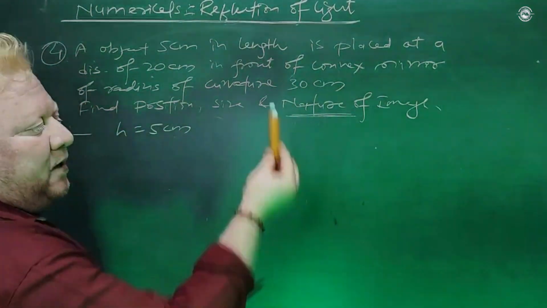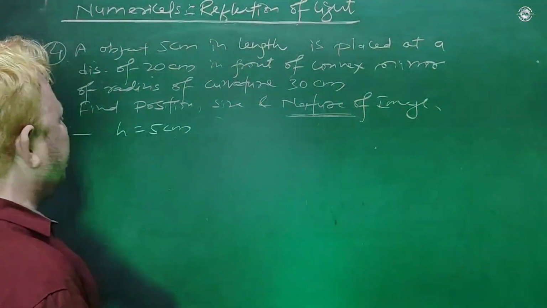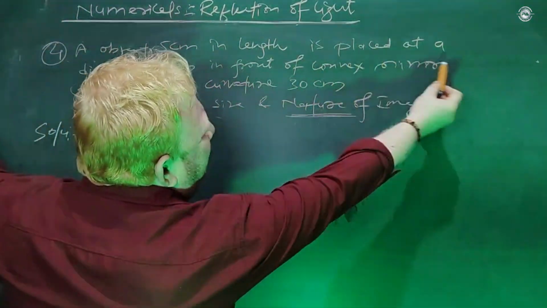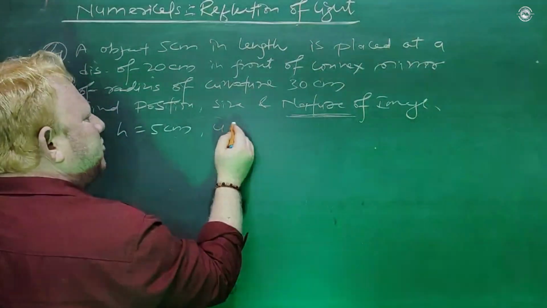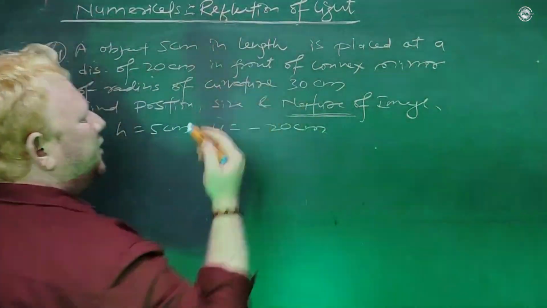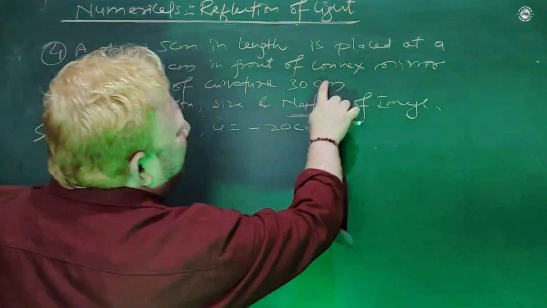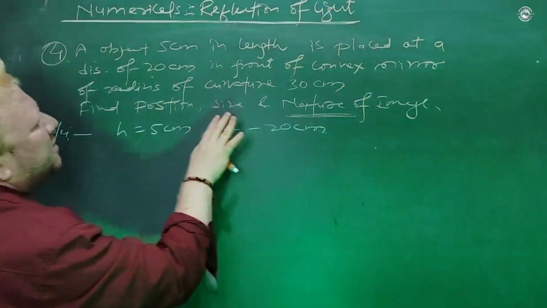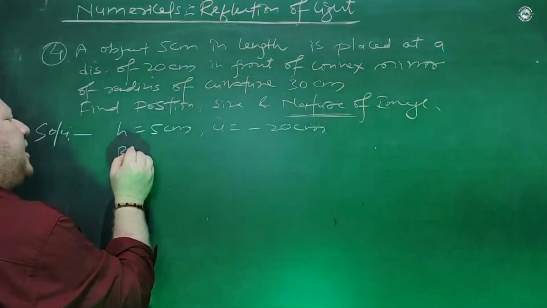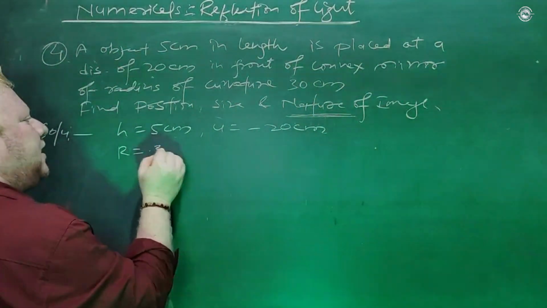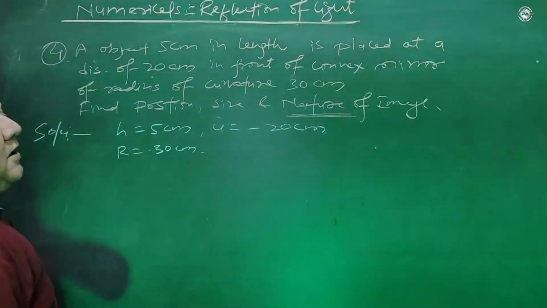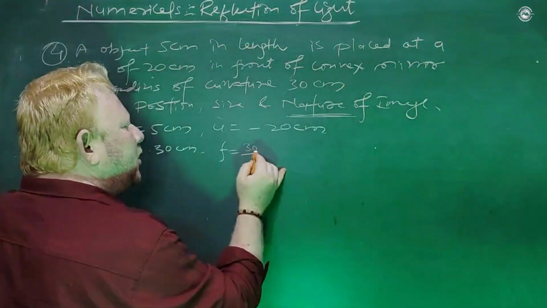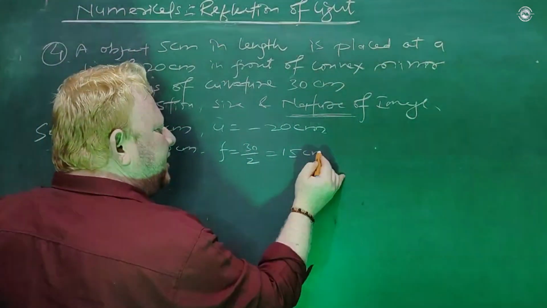Distance measured in upward direction perpendicular to principal axis is taken to be positive, so obviously this will be positive. The object is placed at a distance of 20 centimeter, that means u is equal to minus 20 centimeter. u will always be negative. It is a convex mirror of radius of curvature 30 centimeter. So R value given is 30 centimeter, that means 30 will be positive because it is a convex mirror. If R is 30, then f is equal to 30 by 2, that is 15 centimeter.